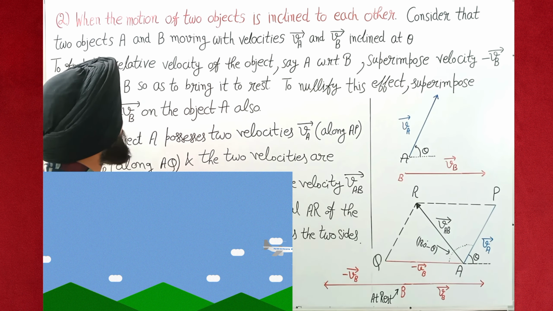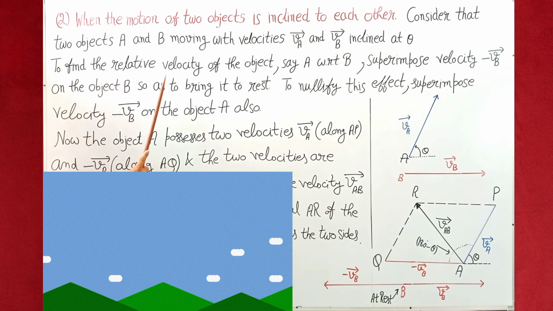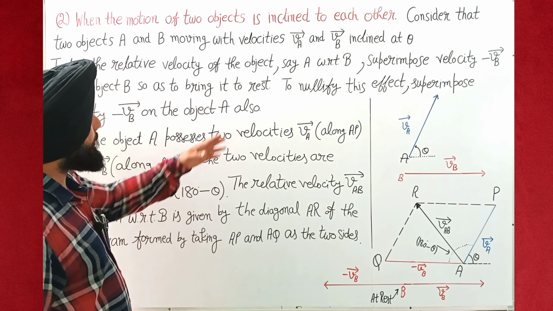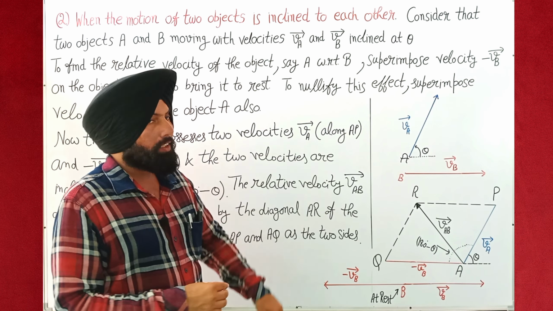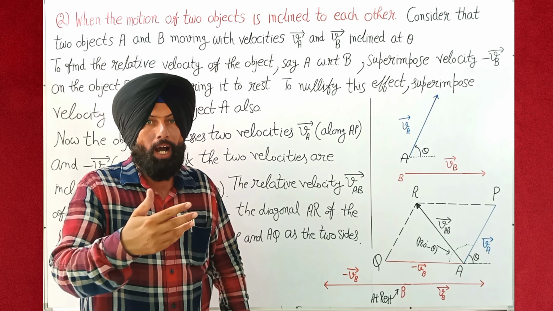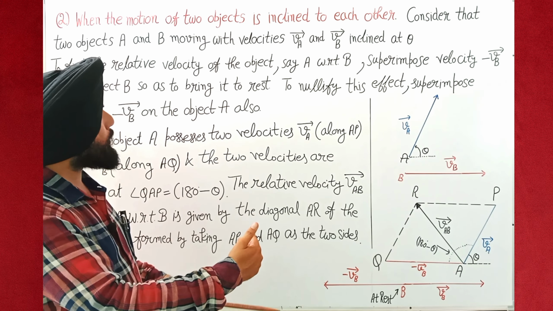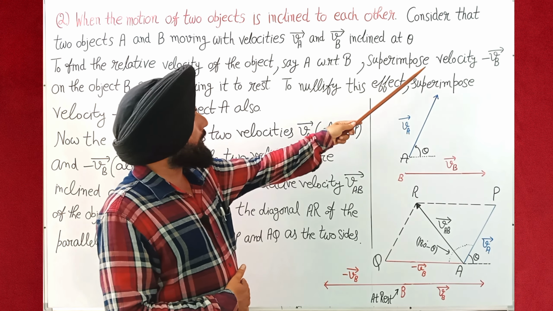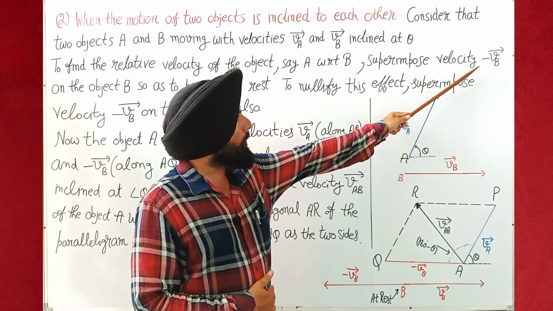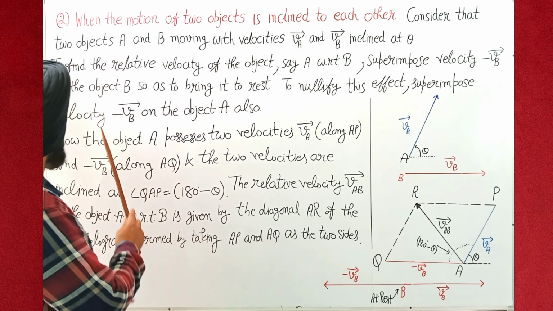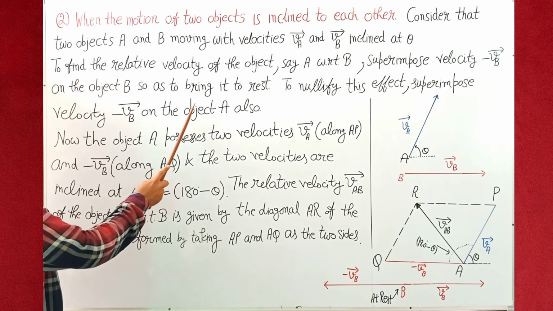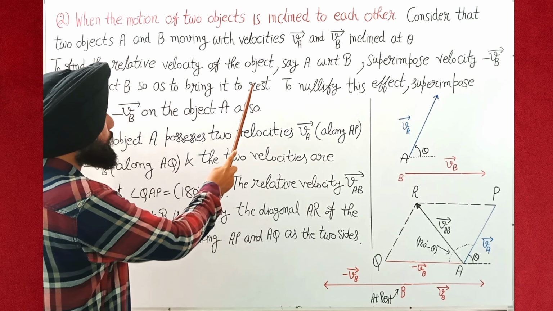Now proceed further to find the relative velocity of the object. Say we want to find the relative velocity of object A with respect to B. Superimpose velocity minus VB vector on object B so as to bring it to rest.